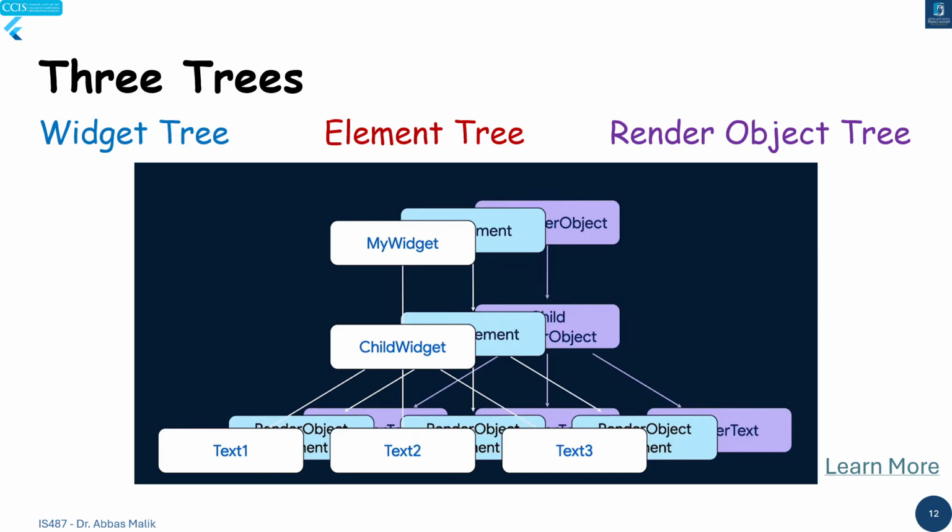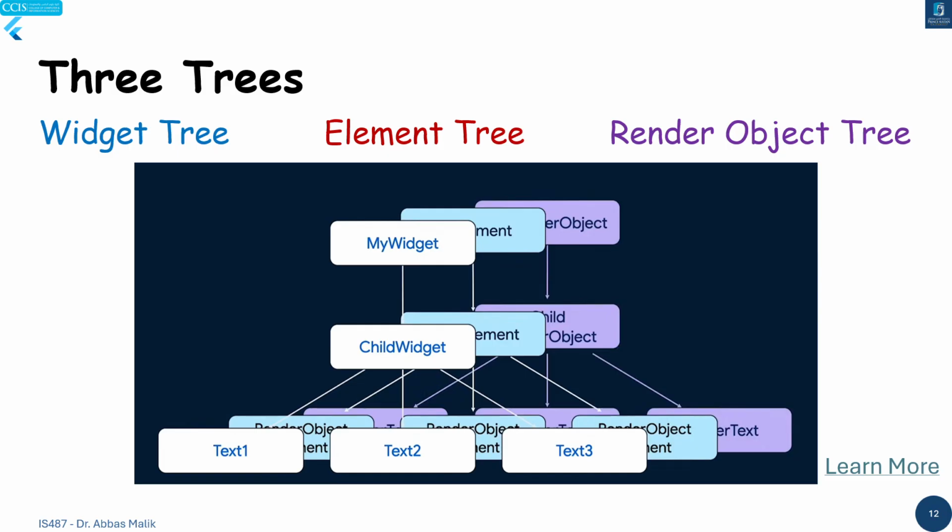If we have a material app, then we have an element for that material app. If we have a scaffold, then we have an element for the scaffold. If we have an application bar, then it has an element for the app bar. And if we have a column, then it also has a column element inside the element tree. So there is a one-to-one correspondence between the widget tree and the element tree.